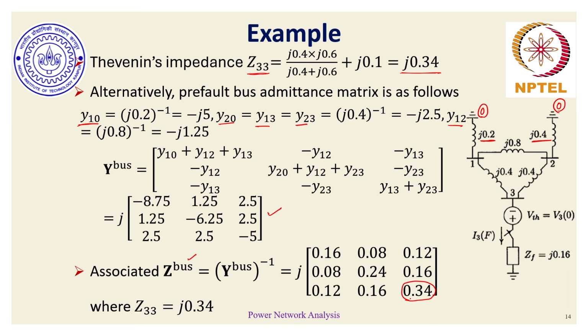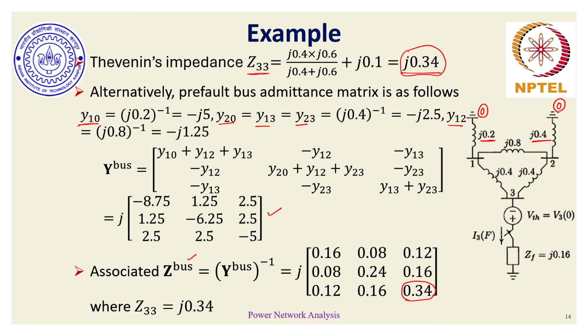Here the third element is the same number which I had obtained by doing my manual evaluations of star-delta, delta-star conversion. So what I'm trying to say is, to find Thevenin impedance, please find the Y bus of the network and take its inverse. Don't go into impedance evaluation and parallel combination. No, it's going to be a rigorous process.